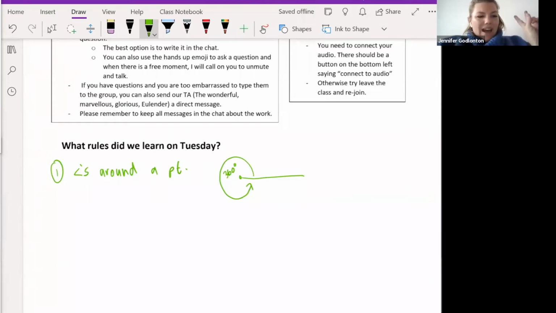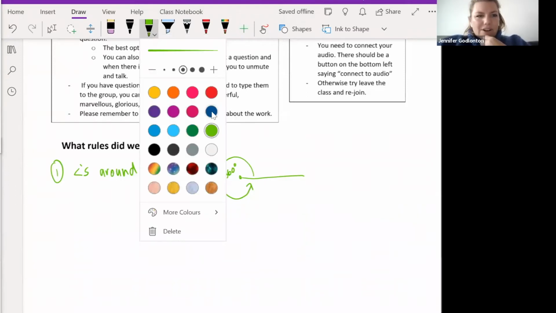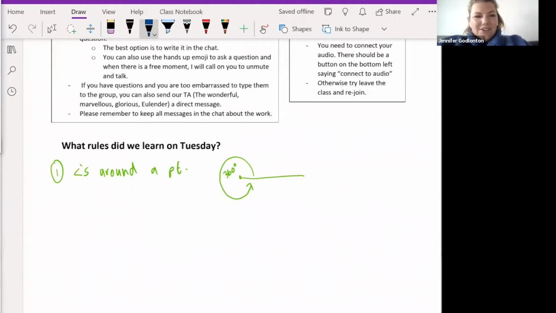Okay, and then we have our second one. Who can talk us through our second rule that we learned on Tuesday? It's angles on a straight line.